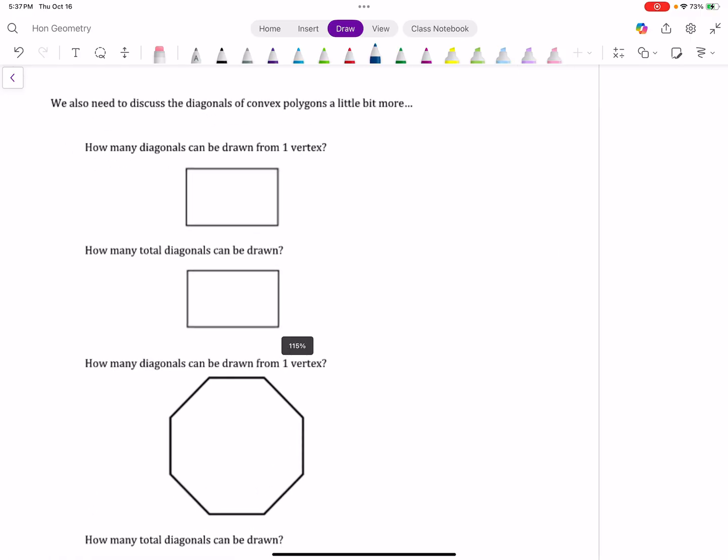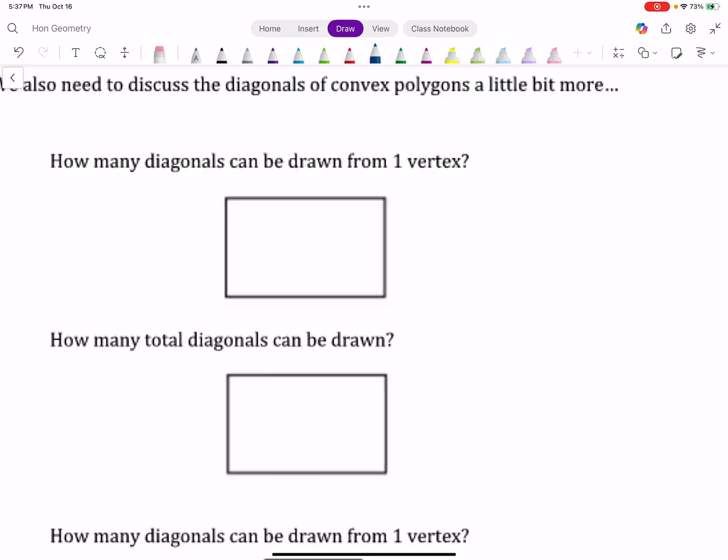All right. So we're going to talk about how to find how many diagonals you can draw. You'll like this. How many diagonals can you draw from one vertex? Let's just pick a vertex, draw them in. If there's 4 sides, from that one vertex I can just draw one diagonal. How many total diagonals, though?